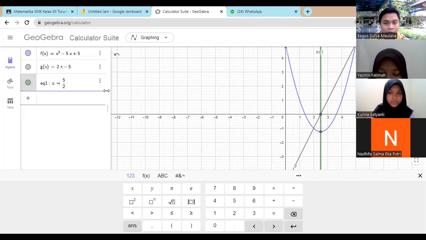The graph of this derivative is not being used in here, it's just for the function, so we can find the value of x to find the maximum value. After this, we can input x is equal to 5/2.